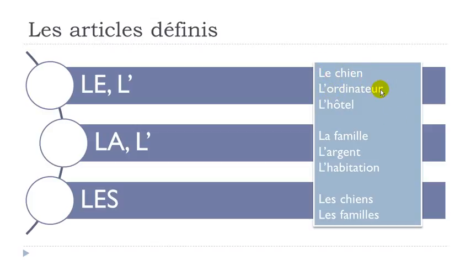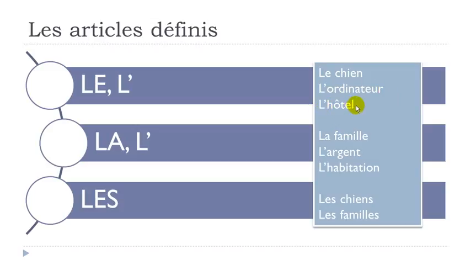In that case, second case, ordinateur, well, you can see that it starts with the vowel O, okay? And as I said, you know, the vowels don't get along that well, so you get to take this away, and then you get l'ordinateur, all right?